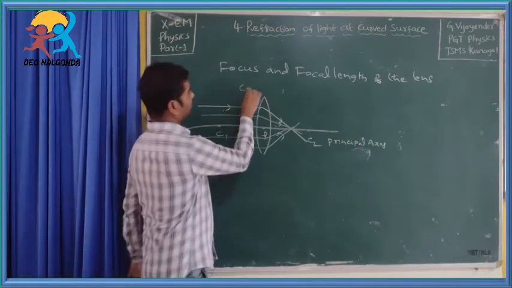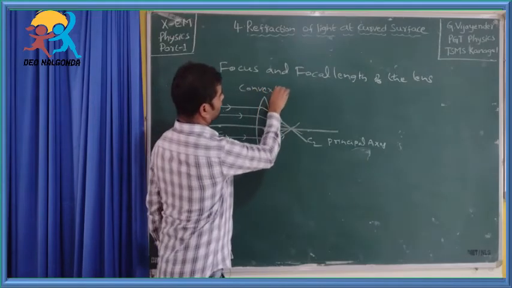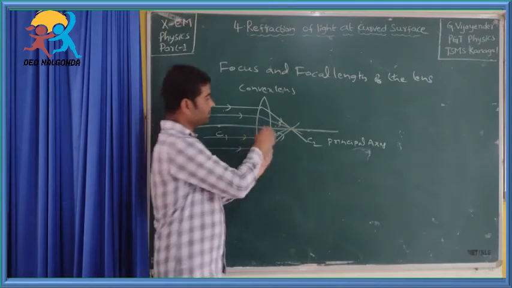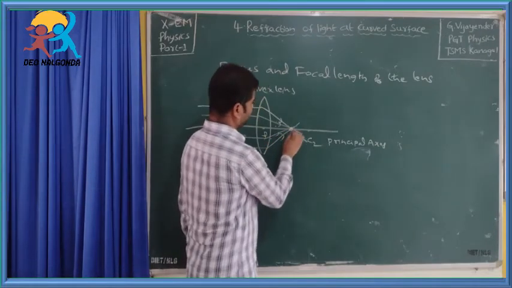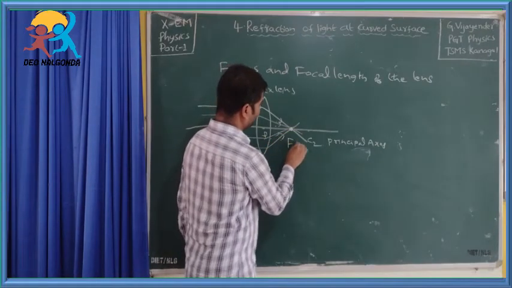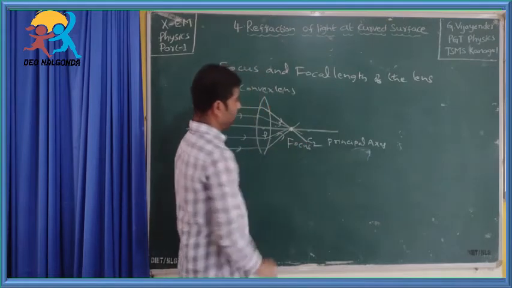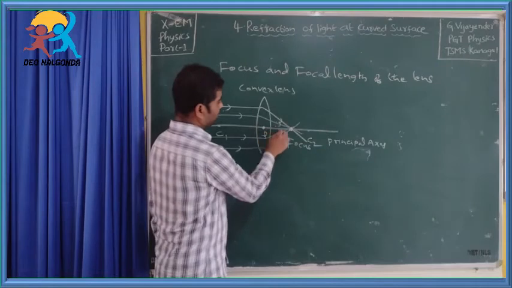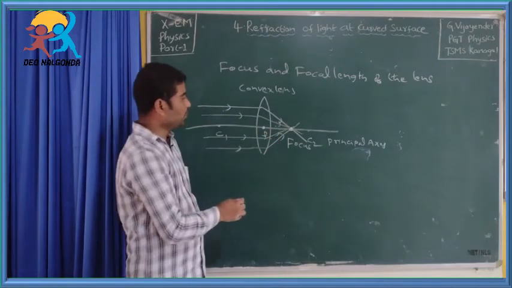These incident rays are parallel to the principal axis of the convex lens. Then the refracted rays converge at a point. This point is called the focus. The distance between the optic center and the focus is called the focal length.